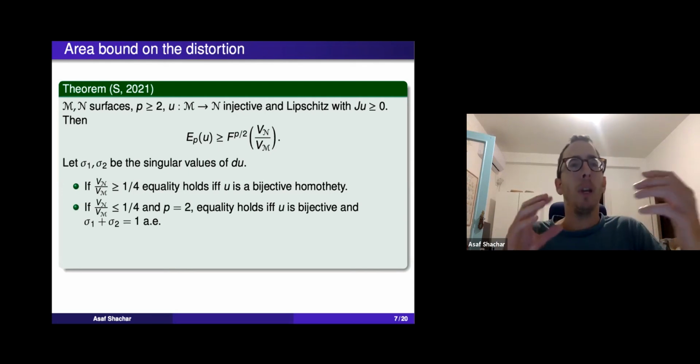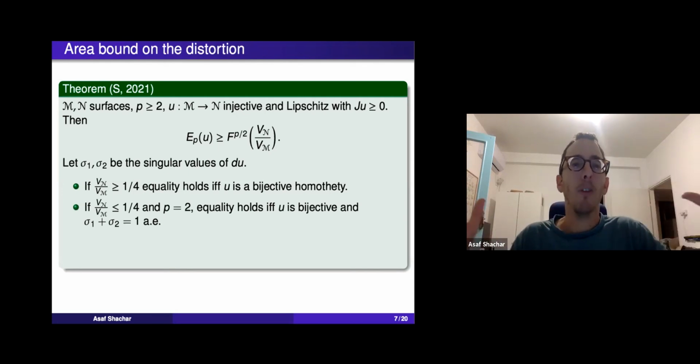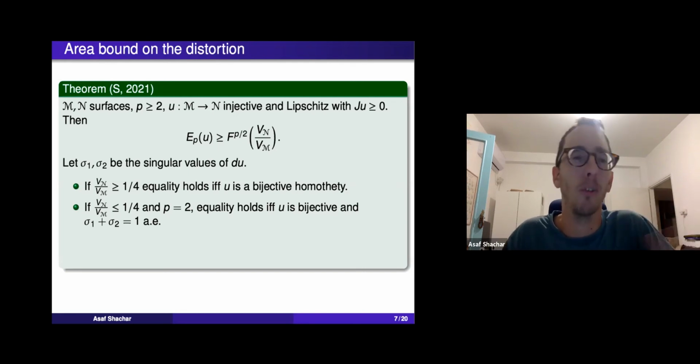And we have some kind of a phase transition when we shrink by more than 4 times the area. When the ratio of areas is less than quarter, then there is some splitting here in terms of the exponent. If the exponent p equals 2, then equality holds if and only if the sum of singular values is 1, almost everywhere.